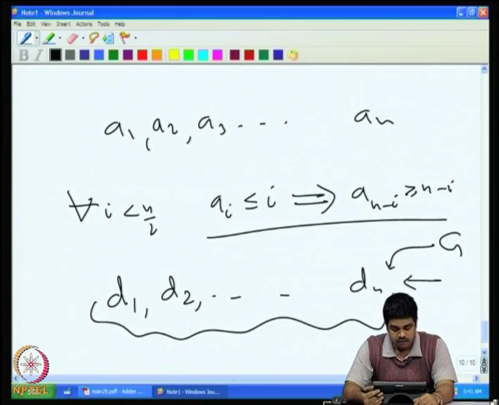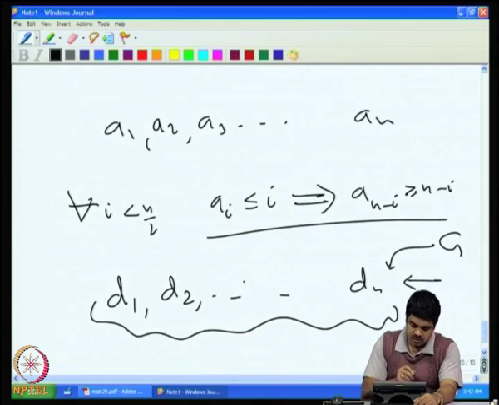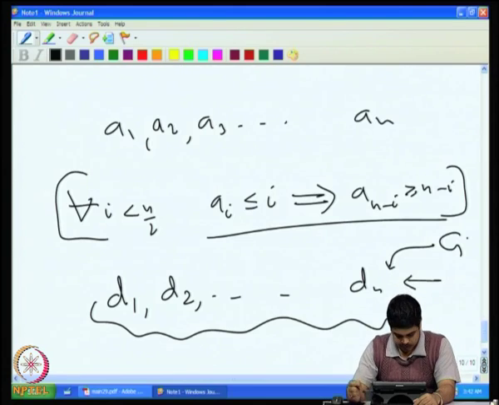What will we do? We will consider all degree sequences which are pointwise greater than this and do not satisfy the theorem. That means it is not Hamiltonian, because once it is pointwise greater, of course the condition will be met, but suppose it is not Hamiltonian.